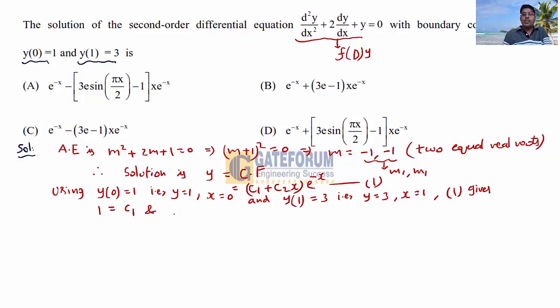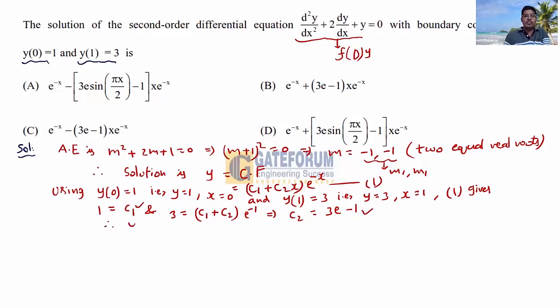And 3 equals c1 plus c2 into e power minus 1, with c1 equal to 1, so c2 is 3 times e minus 1, because e power minus 1 shifted to the left side becomes e. So these are the c2 and c1 values.